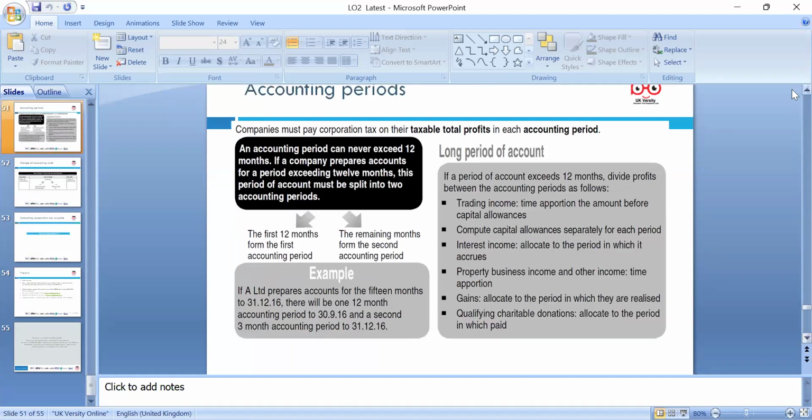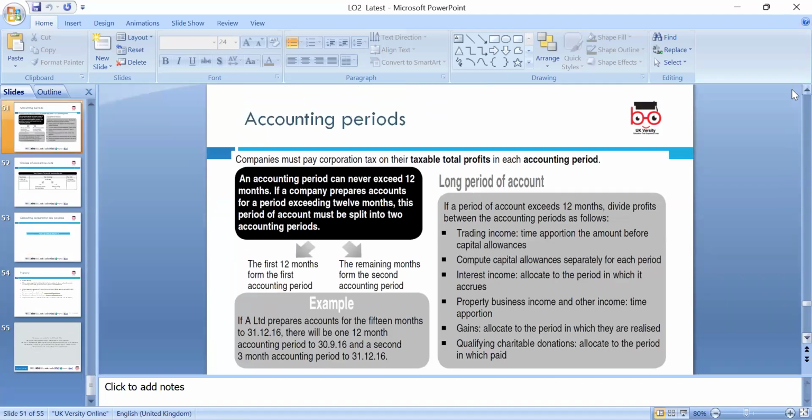If it's a managing company, then their client account and other accounts we need to look around, and we need to assess the accounting period accordingly. Of course, the first 12 months from the first accounting period, and the remaining months for the second accounting period. So we can apportion from the tax purposes point of view.